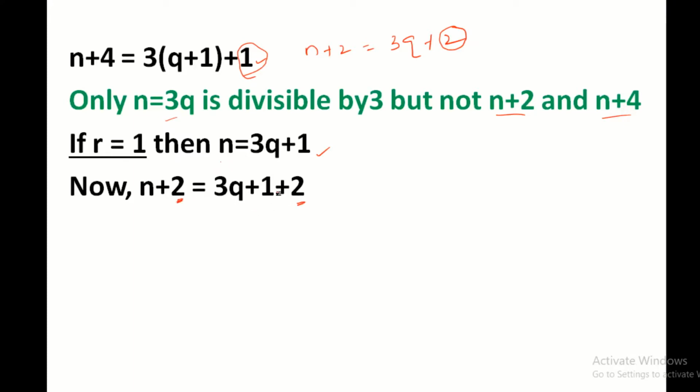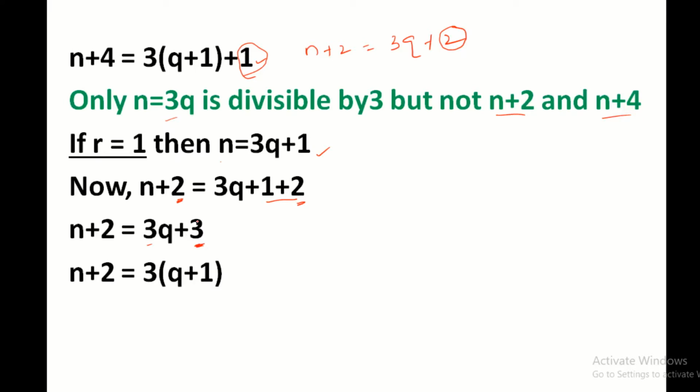Then n plus 2 is equal to 3q plus 1 plus 2, so I have written 3. Since I have 3 from two terms, I took it common, then n plus 2 became 3 times q plus 1.